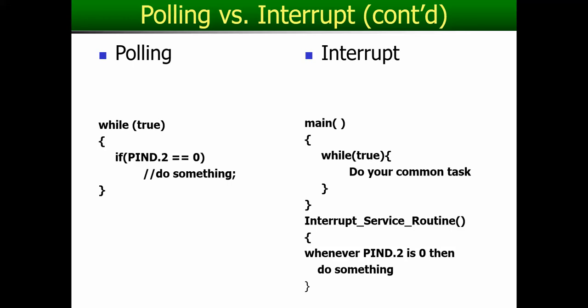In the case of interrupt, the same while loop is there, but we're not doing an if statement here. We're doing nothing; I mean, we can do something else. We can utilize this time for doing something else, like blinking an LED, controlling a motor, sending something to an output device, or listening to some other input device.